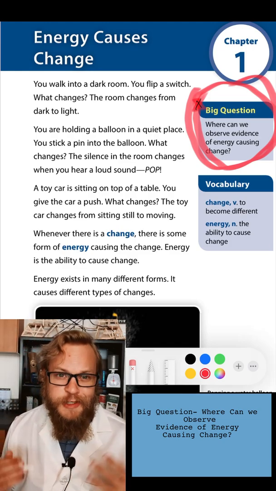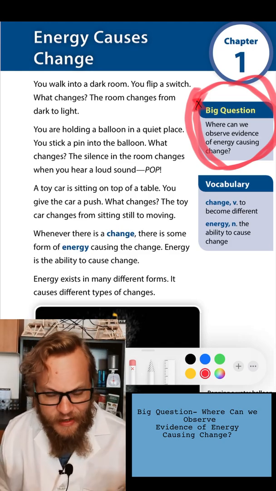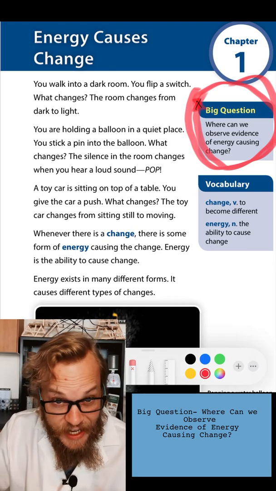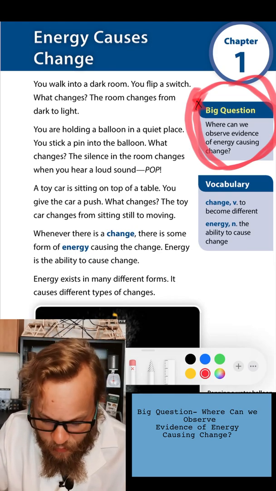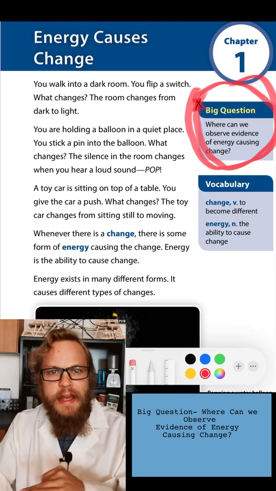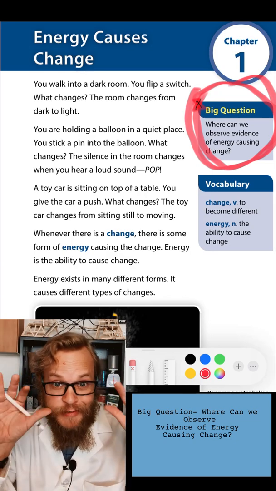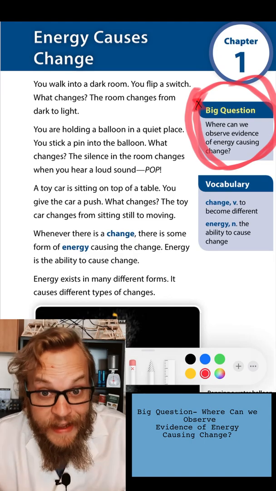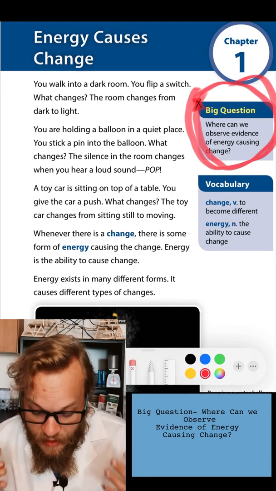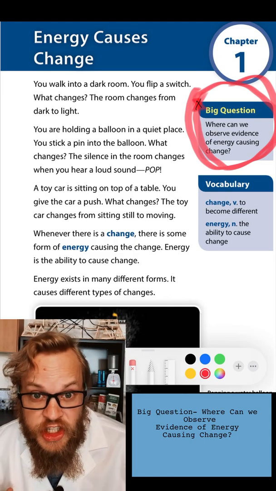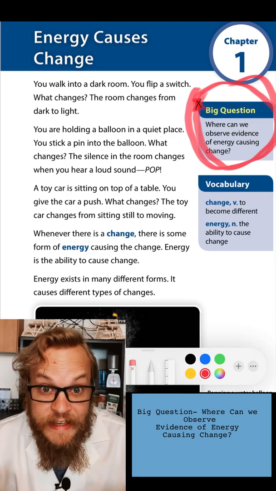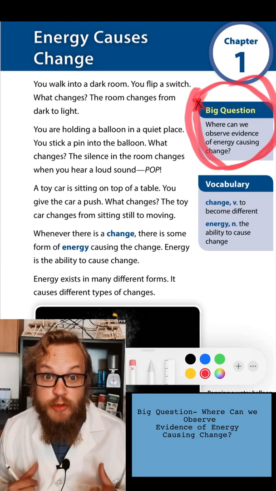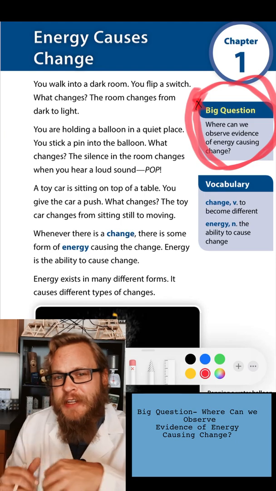So for chapter 1, energy causes change, our big question is, where can we observe, using our 5 senses, evidence, collect data of energy causing change? Where can we see energy causing change? Where can we hear energy causing change?